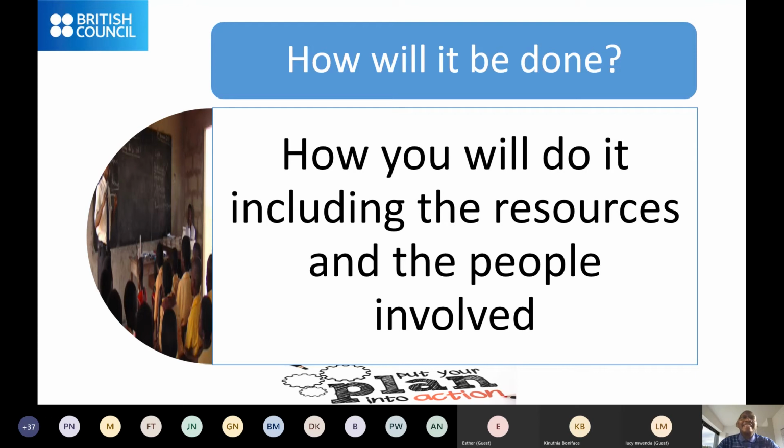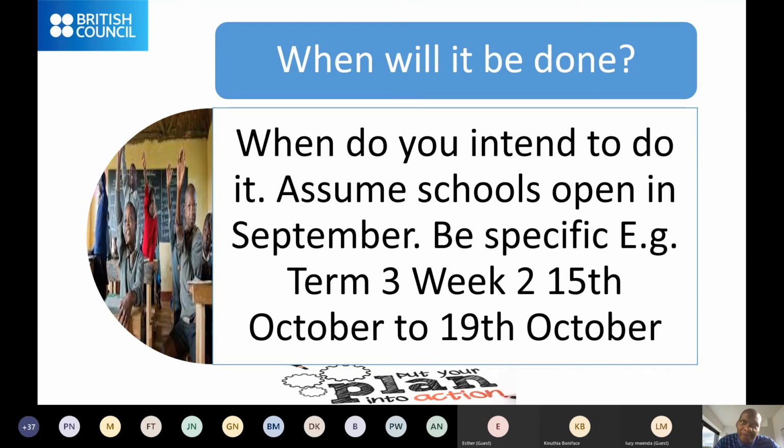And then the other thing is, when will you do it? Remember, there are so many things you're planning to do. So maybe my literacy deep structure, I'll do it from October, week 2. Be very specific in the timeline so that there's clarity on what you're doing. Don't say October, that's too general.